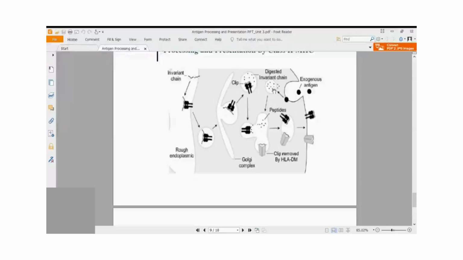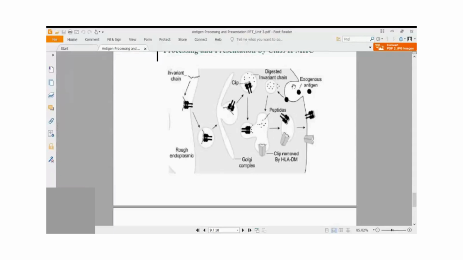And when it fuses with that, you now have class 2 MHC fused with the endolysosome, and it is on the internal surface with the CLIP protein. Remember that the endosome, phagosome or pinosome was formed from the exterior membrane of that particular antigen presenting cell.